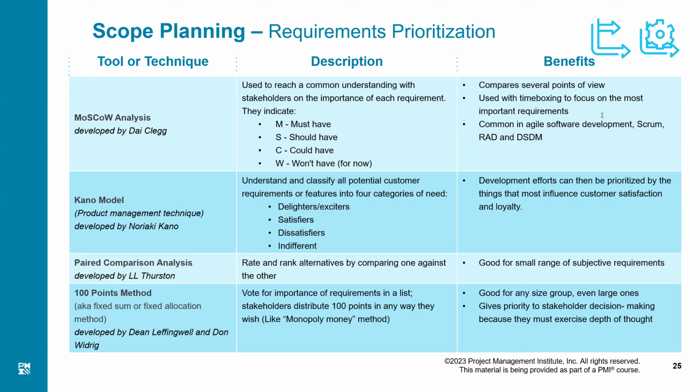A very similar method to the MoSCoW analysis is the Kano model. It also has four categories, but this is from the point of view of potential customer satisfaction. It is how well we make the customer happy, right? So these are four things. The first, topmost category is the delighters and exciters.